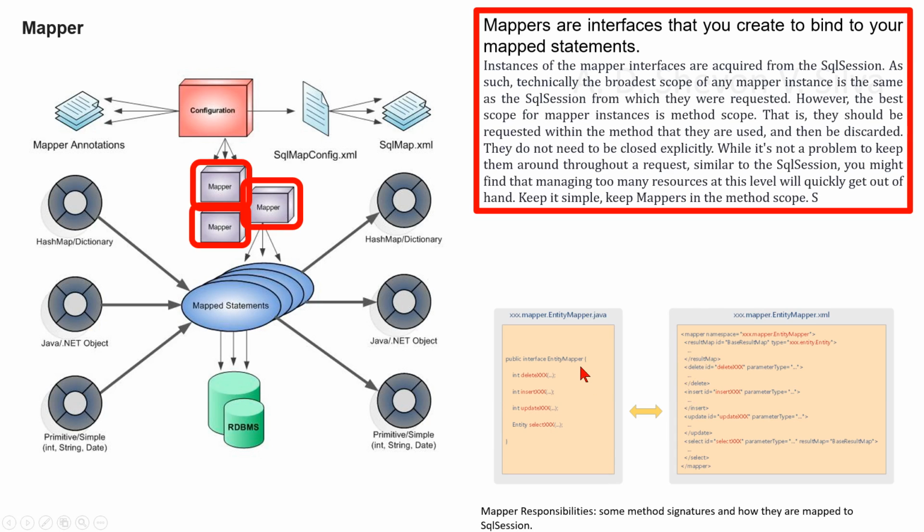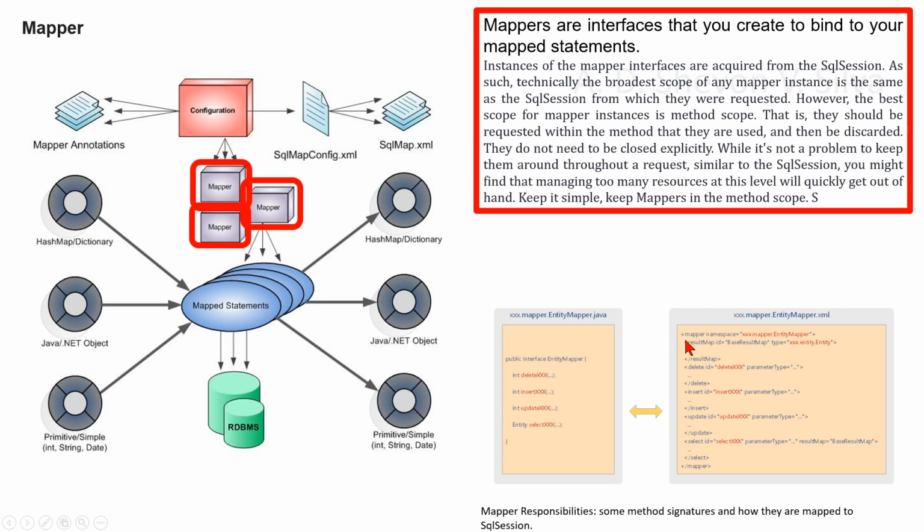MyBatis abstracts each mapper node in the configuration file as a mapper interface, and the method declared in the interface corresponds to the select, update, delete, and insert node in the mapper node.